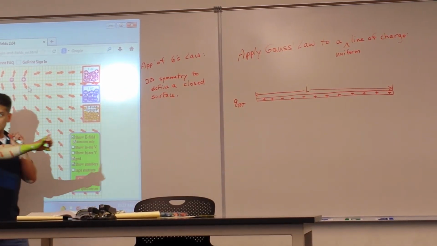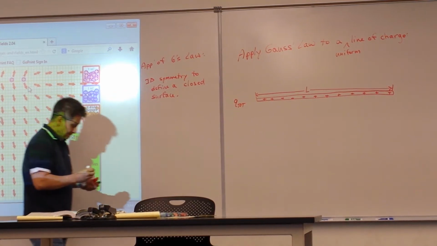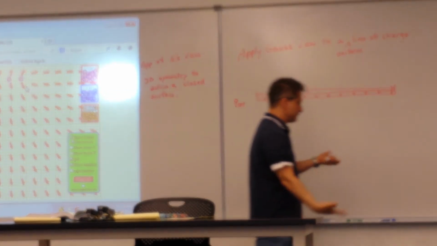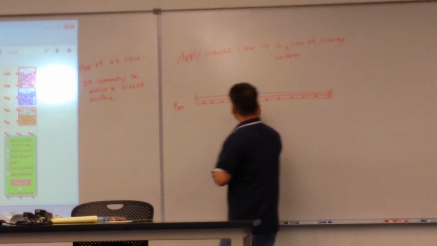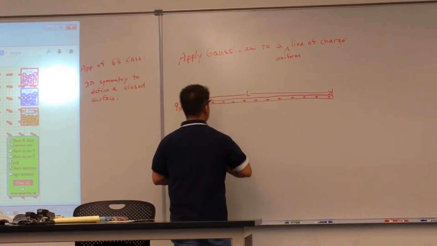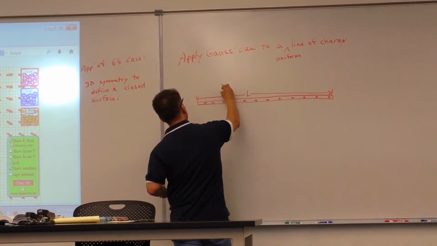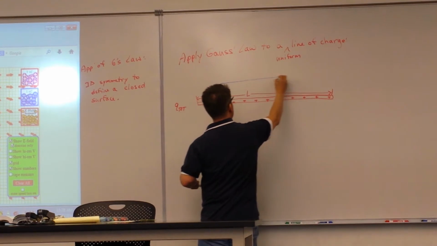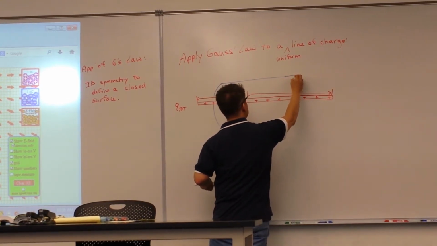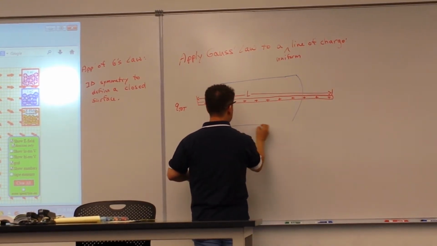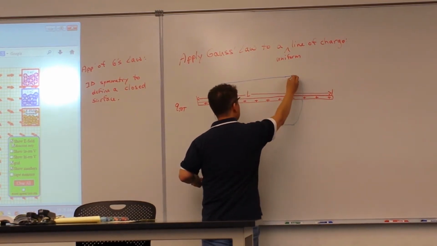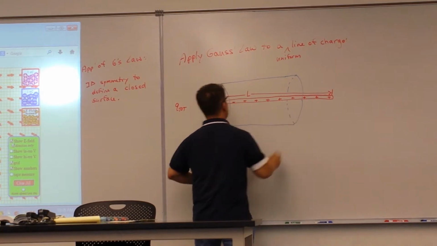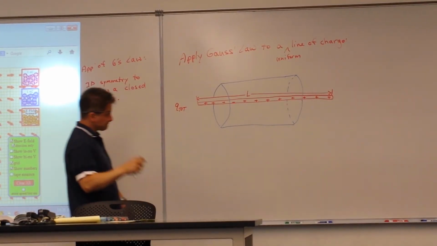Well, if you've got a long, straight distribution of charge, then certainly a cylinder is a pretty good starting point. So, say I draw a hypothetical cylinder around this thing.